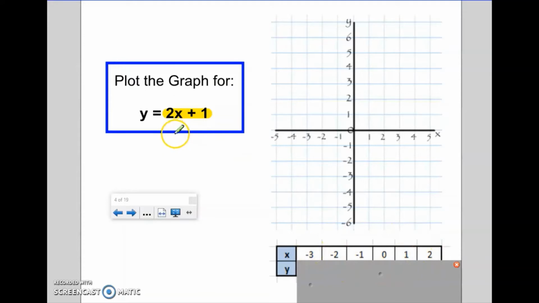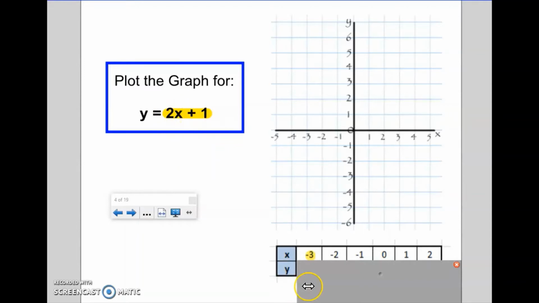So for example, I'm going to take some values of x. I've decided to use between -3 and 2, just because they would fit nicely onto my axes here. So I'm going to take x being -3, I'm going to substitute it into here. 2 times -3 is -6.